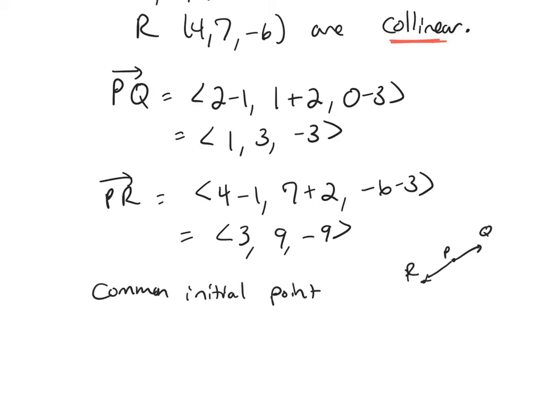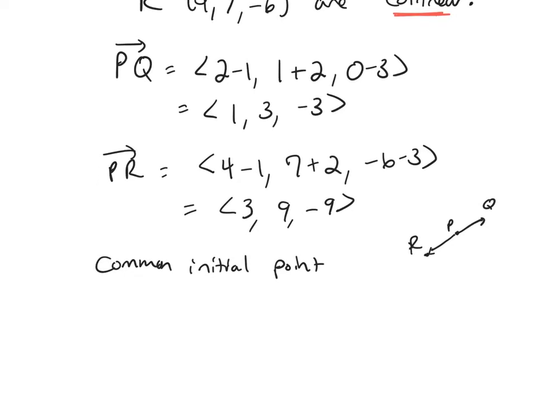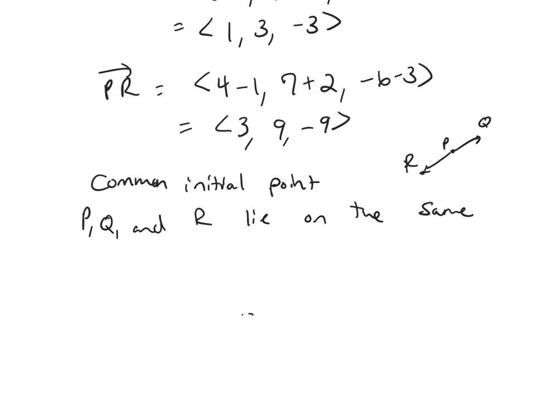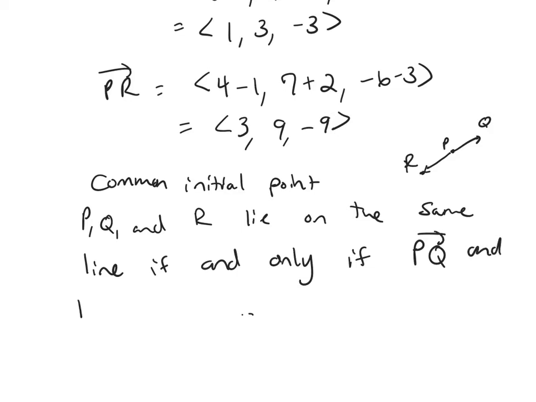So if these points are collinear, then these vectors need to be parallel. So what I'm saying is that P, Q, and R lie on the same line if and only if these two vectors, PQ and PR, are parallel.